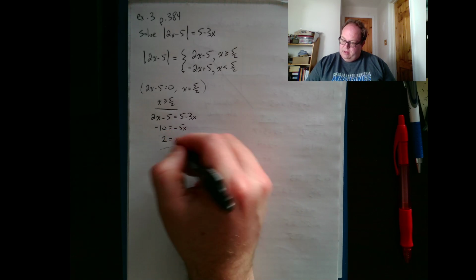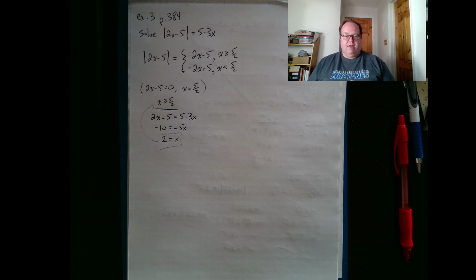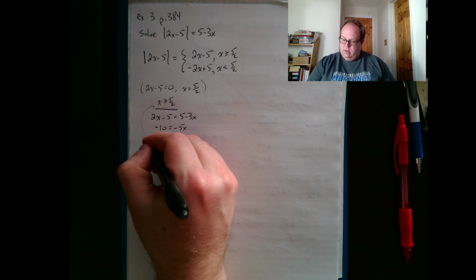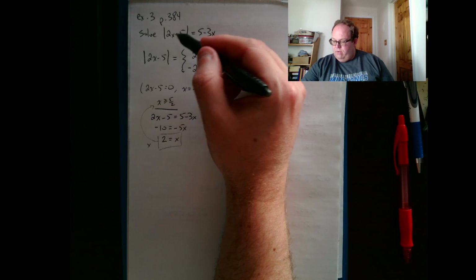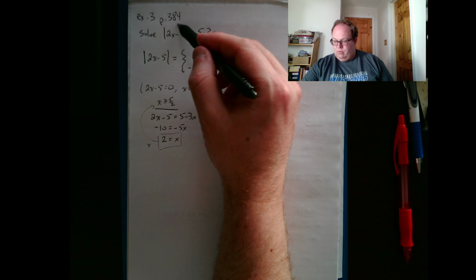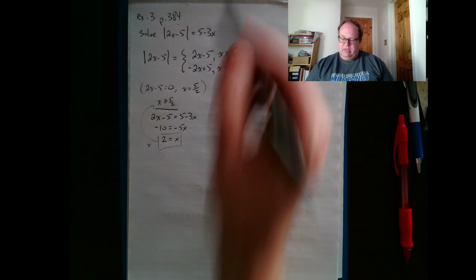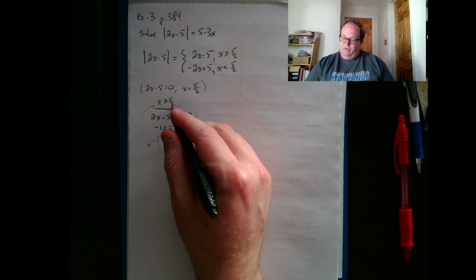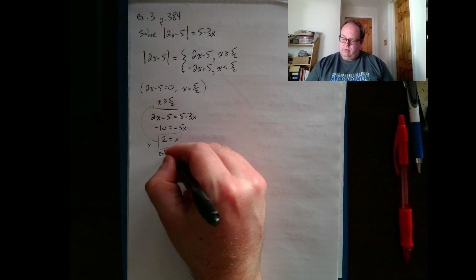We do have a problem here though. 2 is not greater than 5 halves. If you check that out in your original, 2 times 2 is 4, 4 minus 5 is negative 1, and the absolute value of negative 1 is 1, but 5 minus 3 times 2 is negative 1. My two sides don't add up. Since it's failed to meet that criteria, this is an extraneous solution.